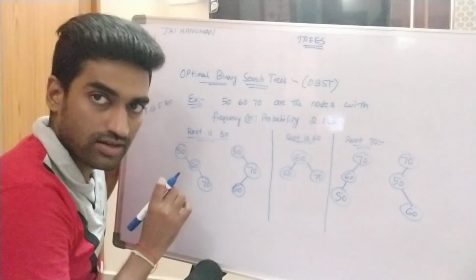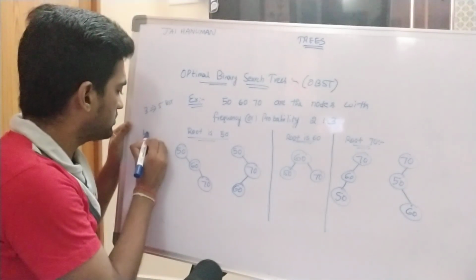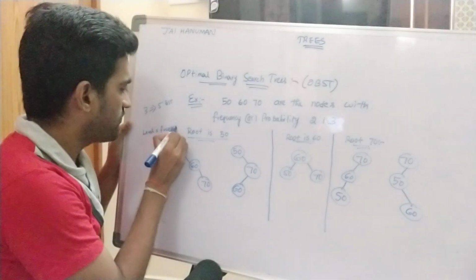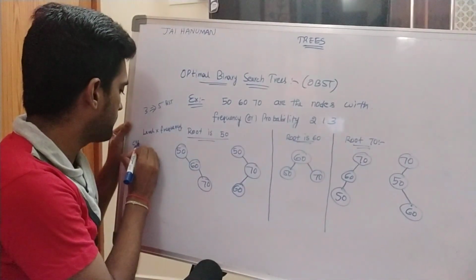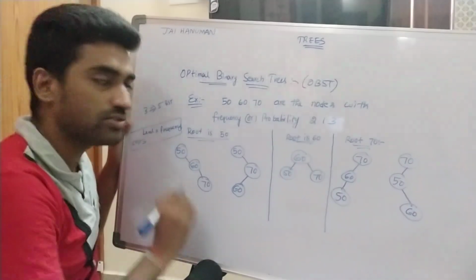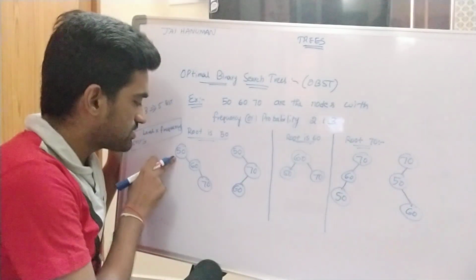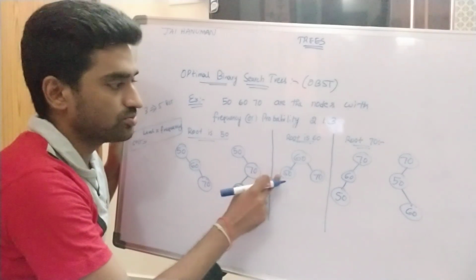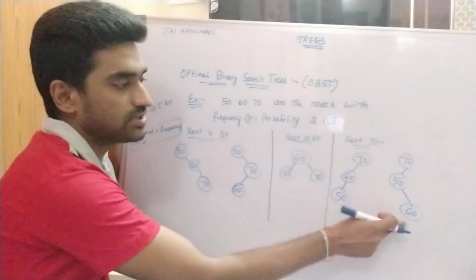The formula for calculating the cost of a node is level into frequency. So cost is equal to level into frequency. Here the level can be considered as 1, 2, 3, and so on for each tree. Right.